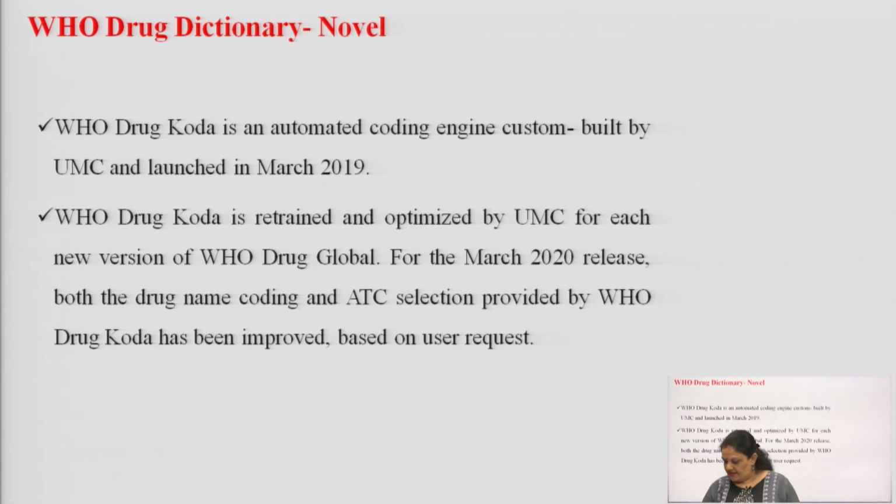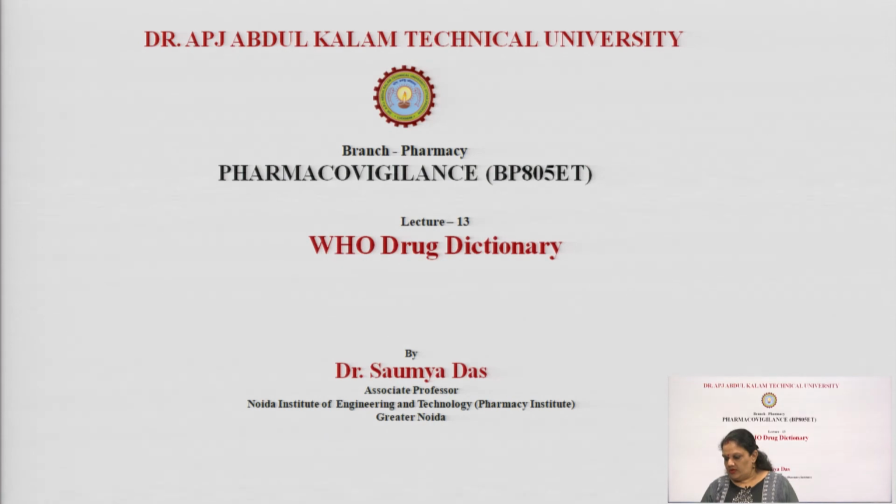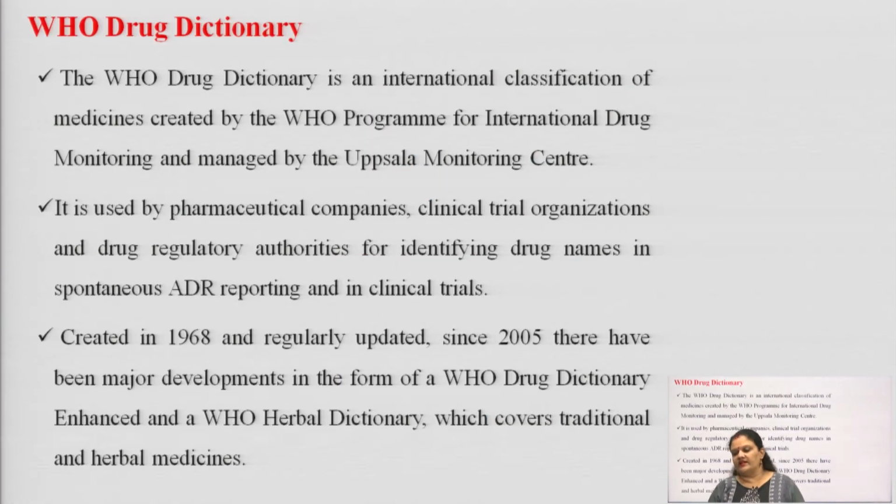Let us revise again about the WHO drug dictionary. It is nothing but the International Classification of Medicine System created by the WHO program for international drug monitoring, and its whole maintenance, the approval, the renewal, the meetings are fixed by the UMC, Uppsala Monitoring, Sweden based center.